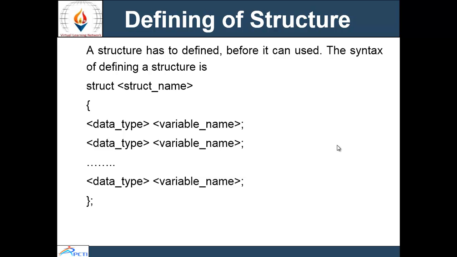To define a structure, we need to use the struct keyword. Here I have used the struct keyword, that is the structure name, and these are the data members of a structure.